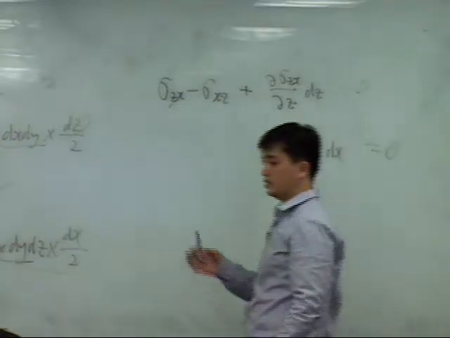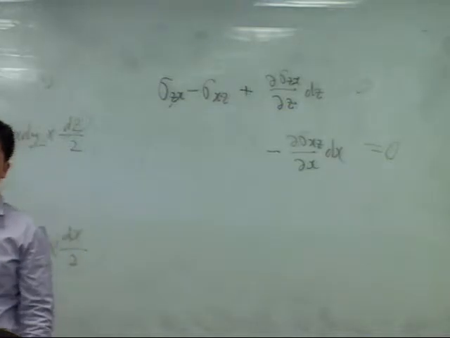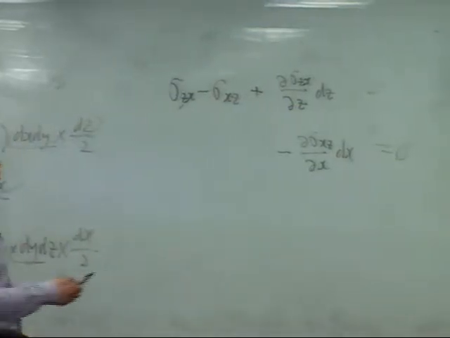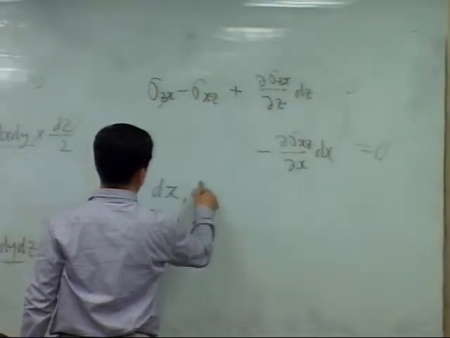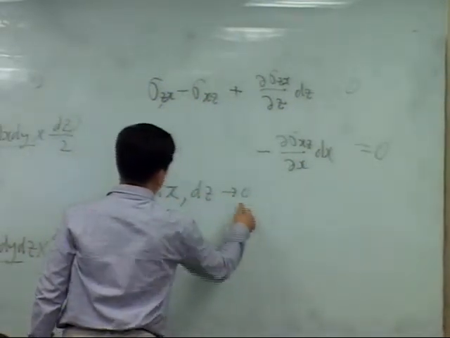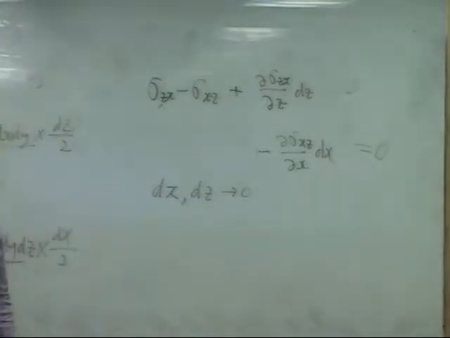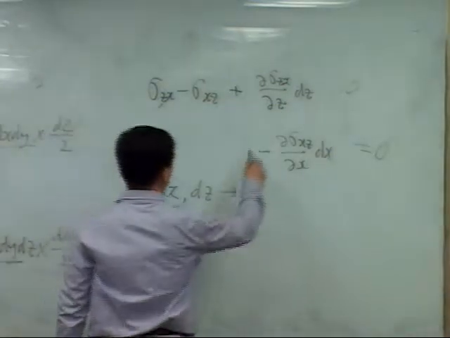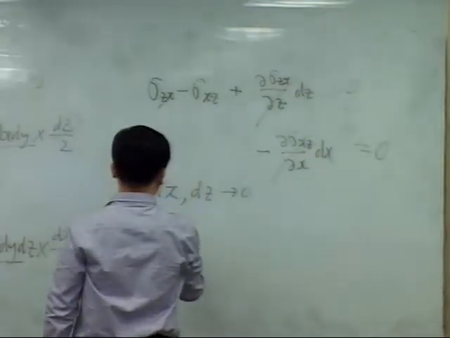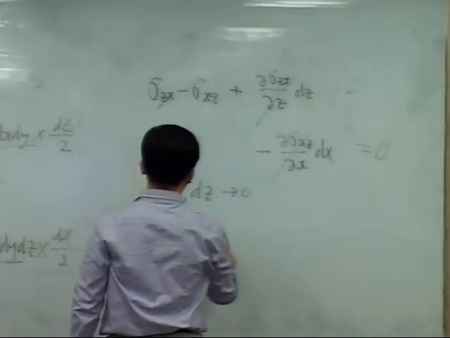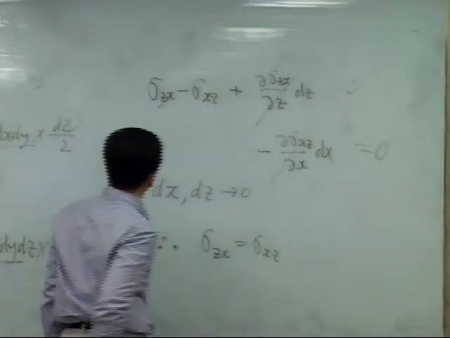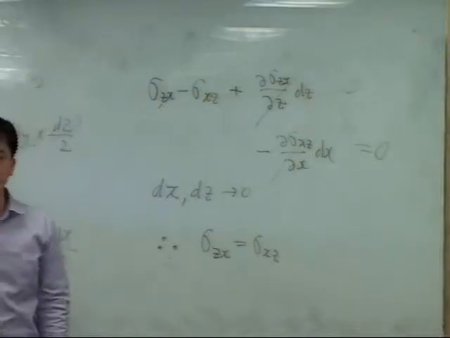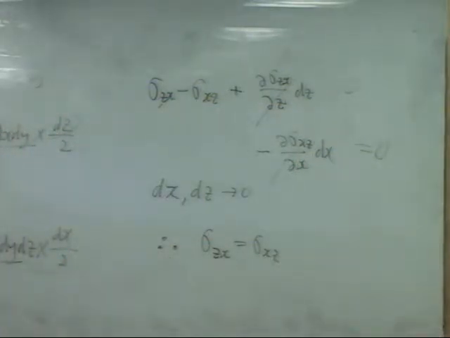Earlier I said our cube is very small, right? So it means dx and dz are very small. They will go to 0 finally. So finally we have only two terms: sigma zx equals sigma xz. Here I just took the moment about the y-axis.